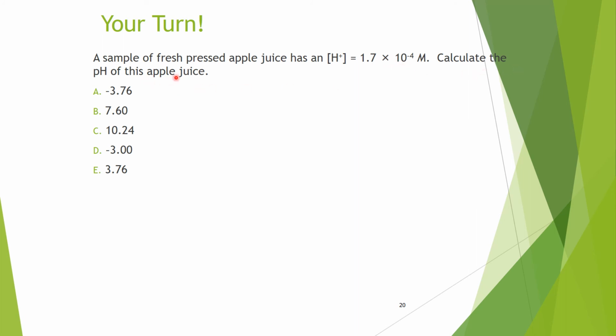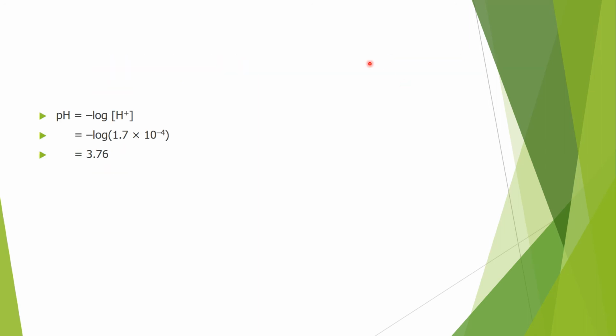Calculate the pH. You just take the minus log of this. You get the minus log of 1.7 times 10 to the minus fourth, and that equals 3.76.